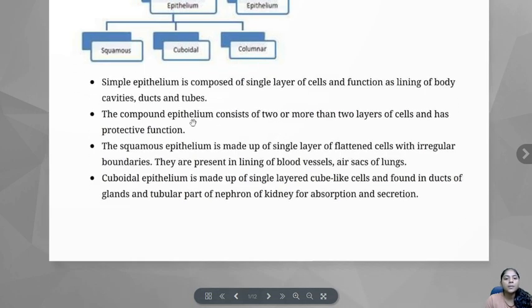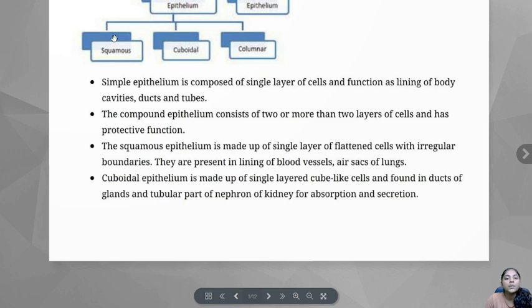Then the squamous epithelium is made up of a single layer of flattened cells with irregular boundaries, and they are present in the lining of blood vessels and air sacs of lungs. So the squamous tissue, which is present in the lining of blood vessels and of the air sacs of the lungs, is made up of a layer of flattened cells and it has irregular boundaries.